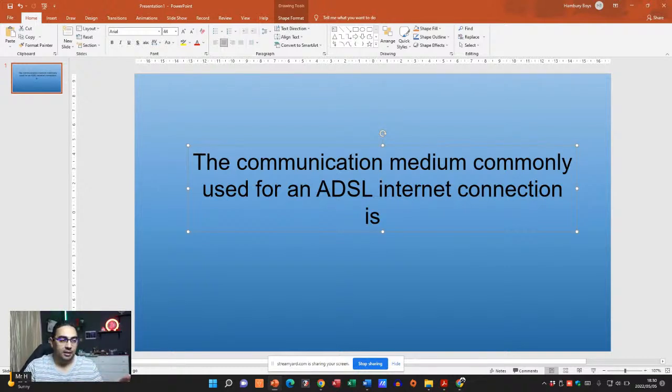Now they're asking me in the question, okay, well, what am I going to use, or what is commonly used for me to connect to the internet via ADSL? Then they give me the options of a copper cable. Can that be an option? Yes, it can. What about radio waves? Well, radio waves is going to be wireless. What is this? This is a wired permanent connection.